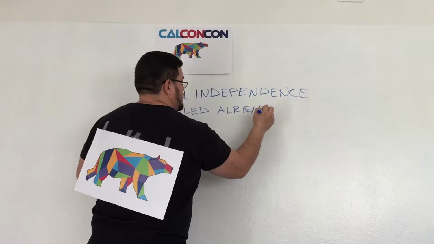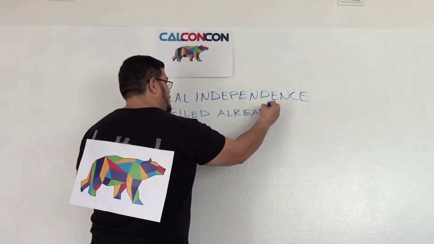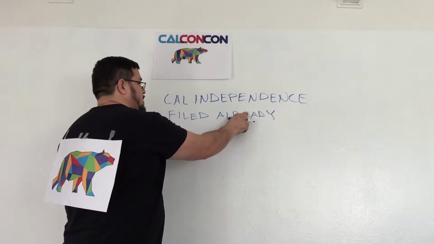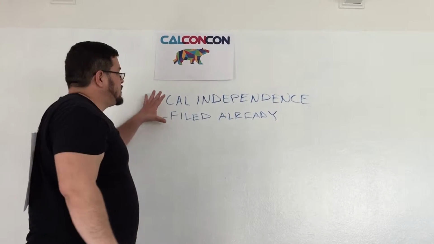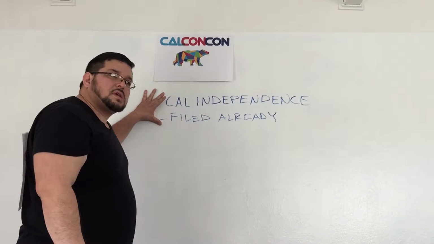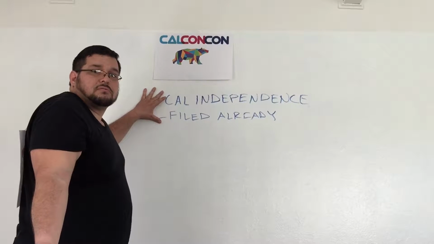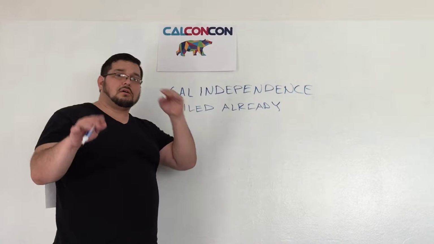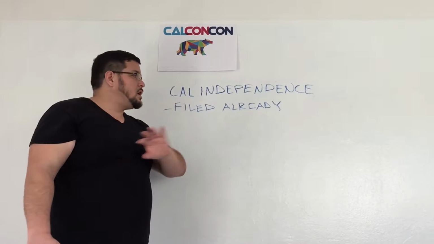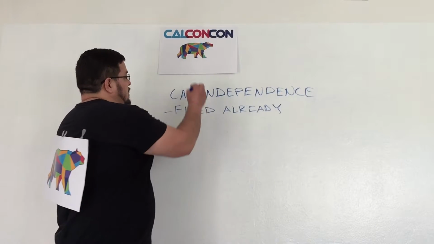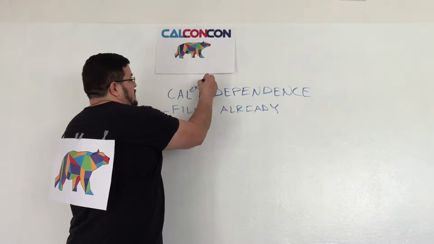It's going to say, hey, California, do you want to become independent? Well, you can vote to do that. And that's great. CalConCon thinks that's awesome, and that's totally supporting Cal Exit.